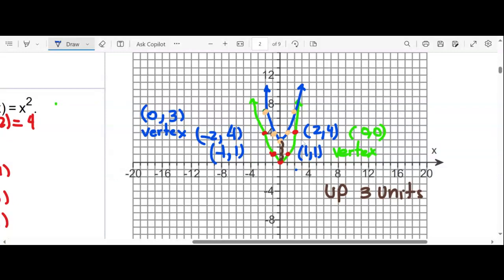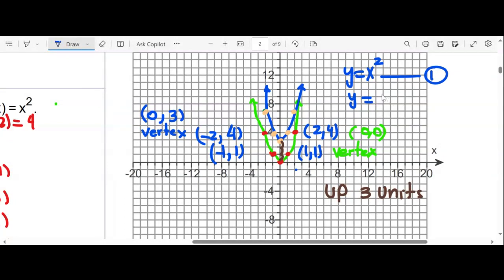And then you graph it with the points, and then you connect the points together. So we finish with the first one. What's the first one? y equals x squared. That's the first one, right? Yes.